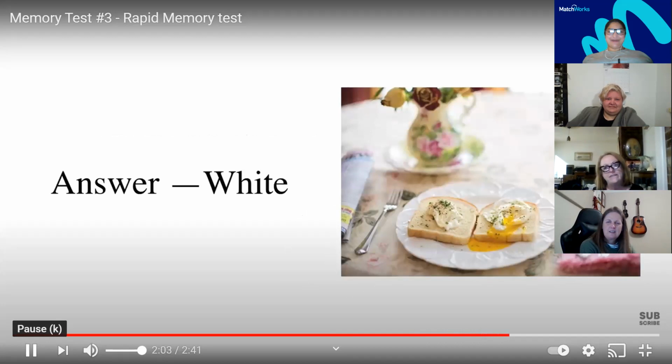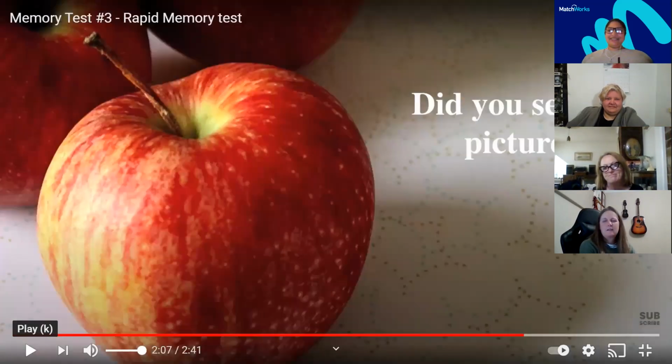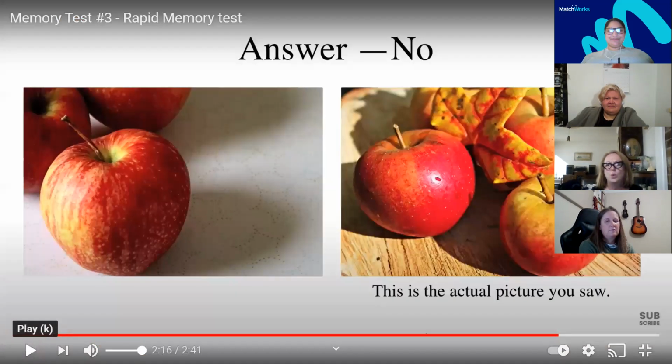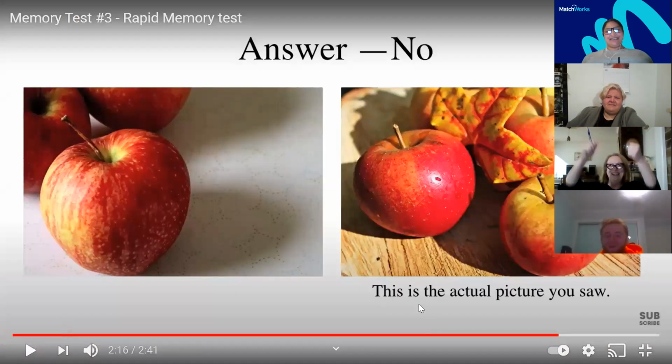Eggs, but white it is. Did you see this picture? No. Yes, I saw an apple. I'm not sure if I did. Yeah, I saw an apple. We'll find out. There you go. Oh, I thought it was that. Katie was right. This is the actual picture we saw, but this is what they were asking. Yes, right.